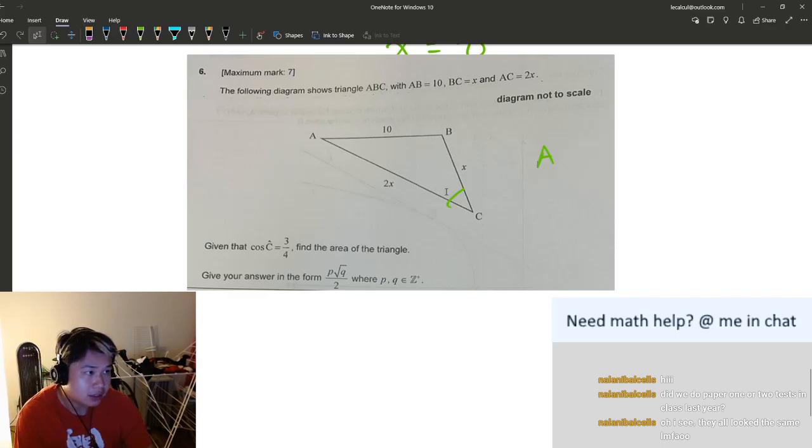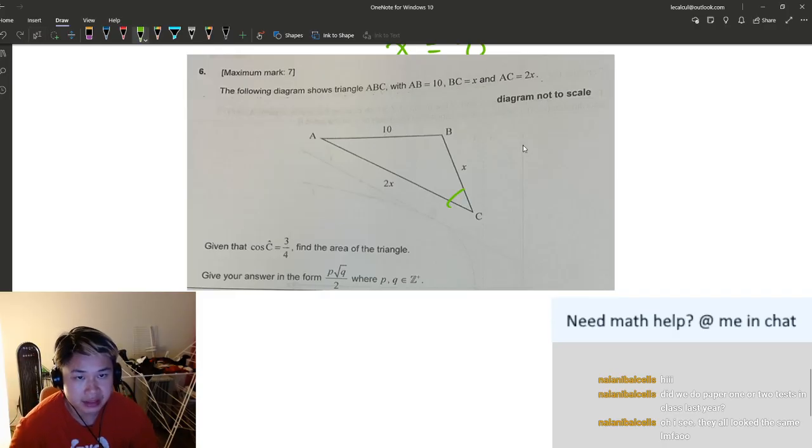Okay, we gotta find out what x is first before we find out the area. And that's fine. We can use cosine rule because they tell us cosine c. So then I'm gonna use cosine rule for little c.